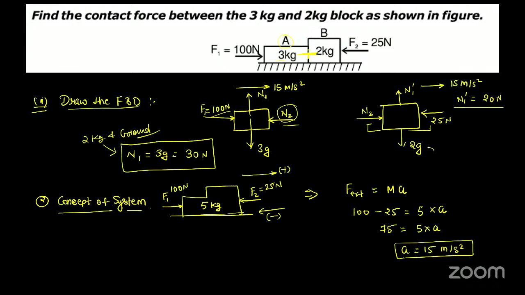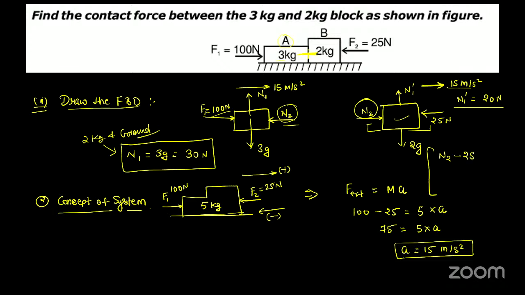Got it? So if you apply the equation from any of these, let's just apply it for block 2. Always remember that when you are applying Newton's second law, whatever force is present in the direction of acceleration, you have to take as positive. So acceleration is towards right, and N2 is also towards right. So we write N2 positive, minus 25 Newton, which is acting in the opposite direction of acceleration.